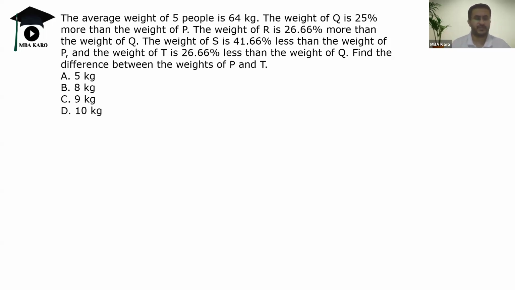Yes, it is based on average, but more than averages, it tests your ability with percentages. Because unless you know these percentages, 26.66, 41.66, 26.66, 25 we are already aware of, it will be a trouble for you. And of course, you will skip this question. You will say that, okay, it's a difficult question to attempt, so you'll skip it.